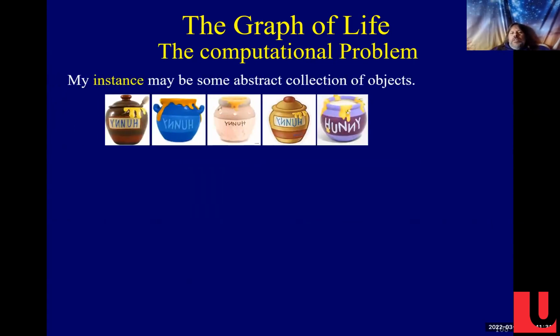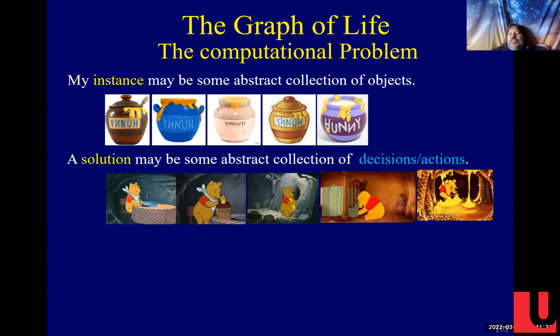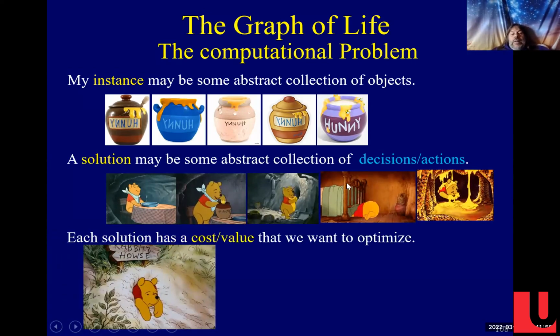All right, so the input is going to be some collection of objects, and the solution will be a decision about all of those objects, right? He might decide to eat the honey. He might decide to exercise, right? In all these ones, he's deciding to eat, and the value of this solution has a poor outcome, right?